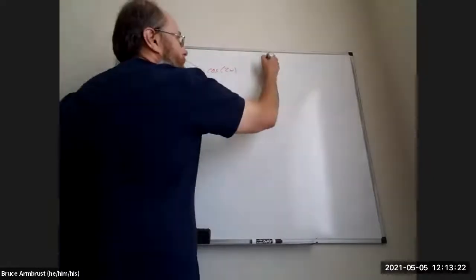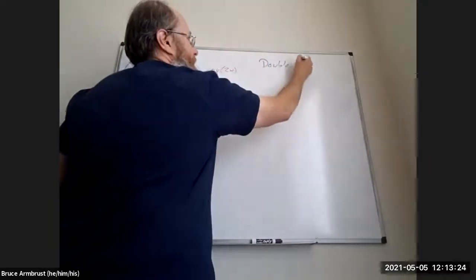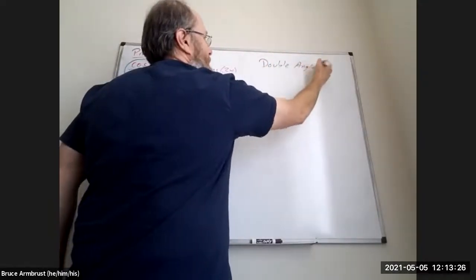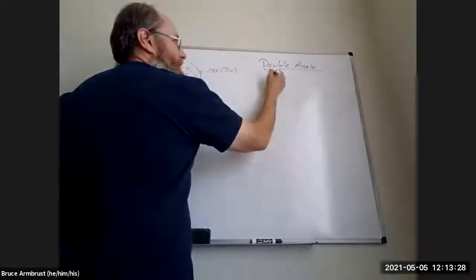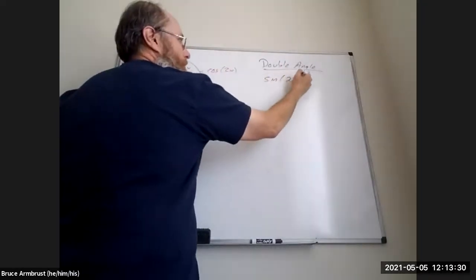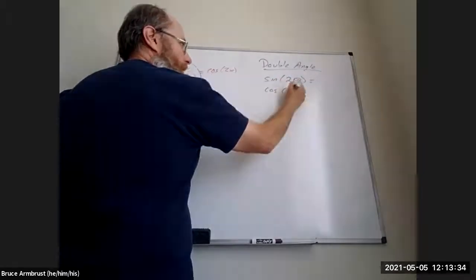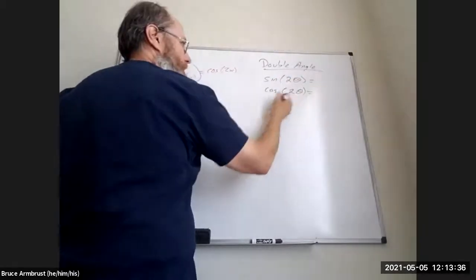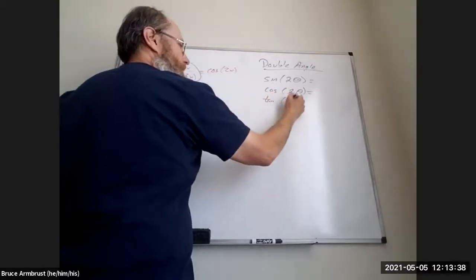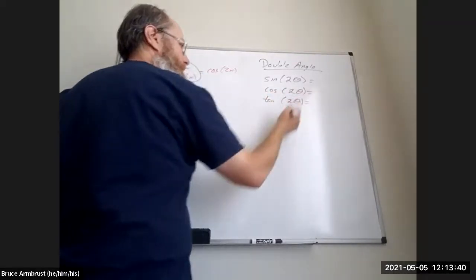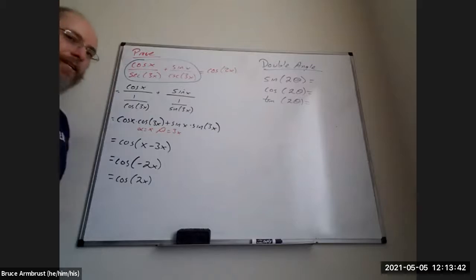And so the double angle identities, they're going to look like this. Sine of 2 theta equals, cosine of 2 theta equals, and tangent of 2 theta equals.